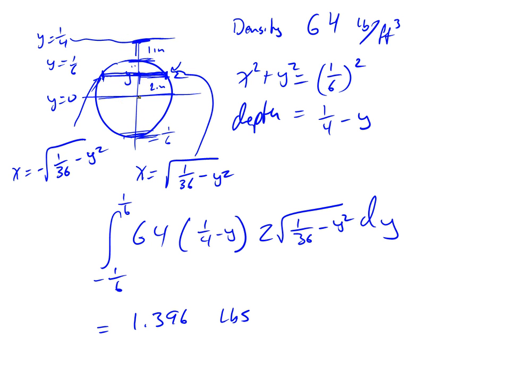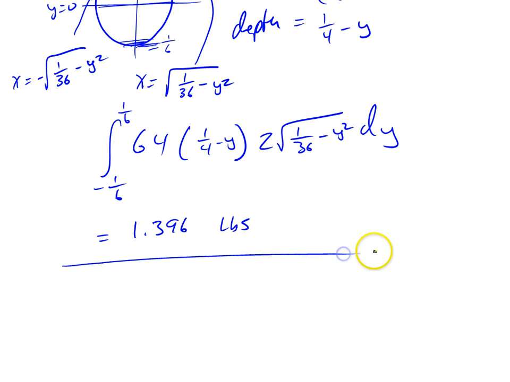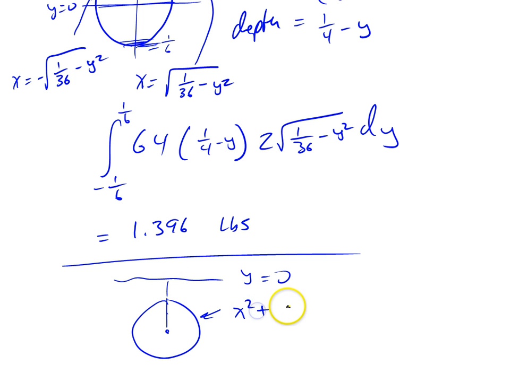So actually, let's try that. If you had the y equals 0 at the top, and the center is now 3 inches down, the equation of that circle would be x squared plus y minus 1/4, quarter of a foot, squared equals 1/6 squared.